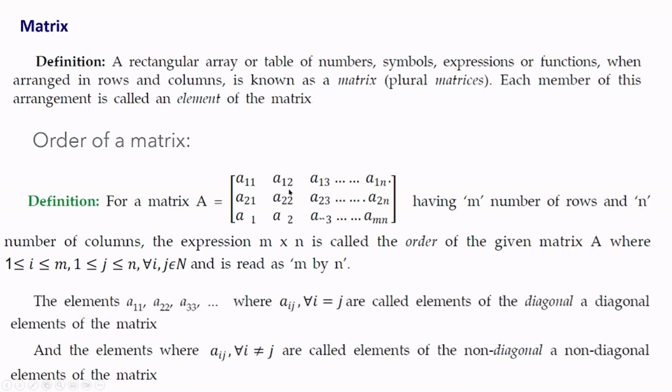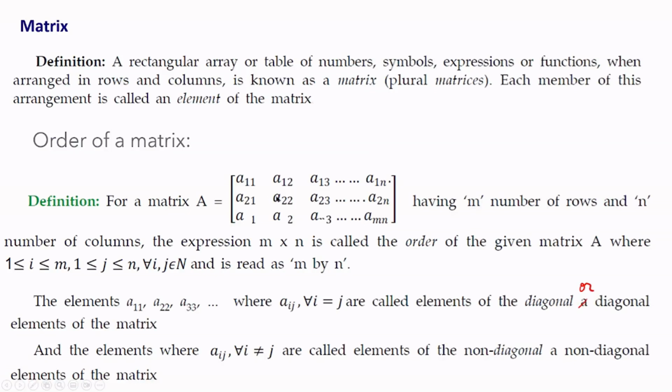The elements a11, a12, a13 up to and so on, all these are nothing but the elements of this matrix A. If we consider these elements a11, a22, a33, where we have aij for all i equal to j, then these elements are called the diagonal elements of the matrix.